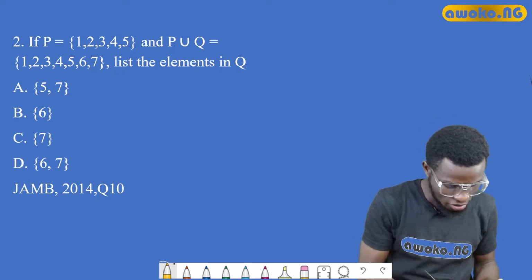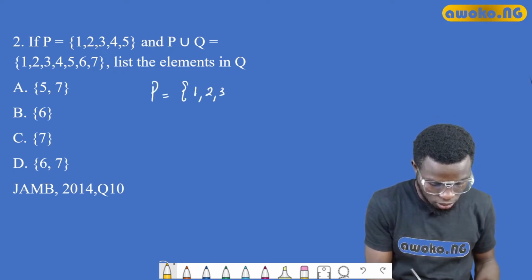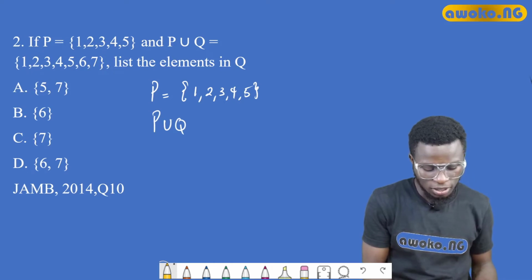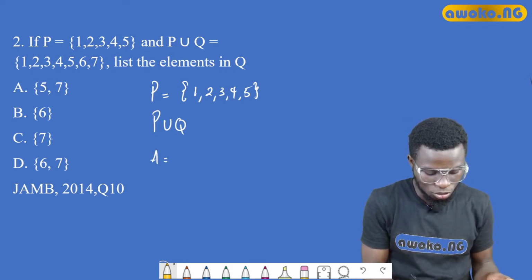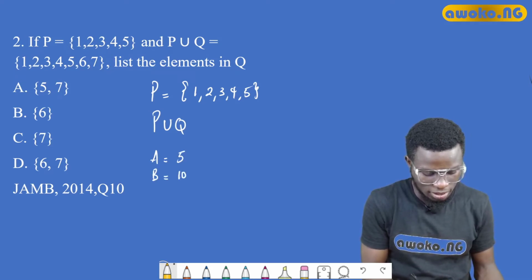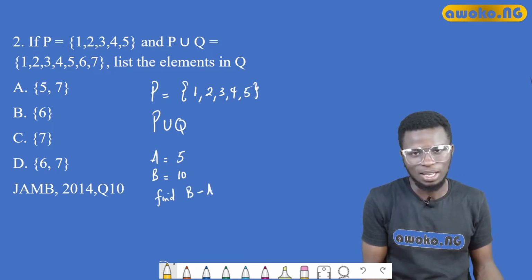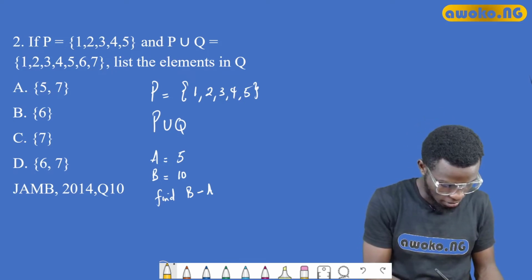It's just like saying A is equal to 5, B is equal to 10, find B minus A. That's just what we're trying to say.